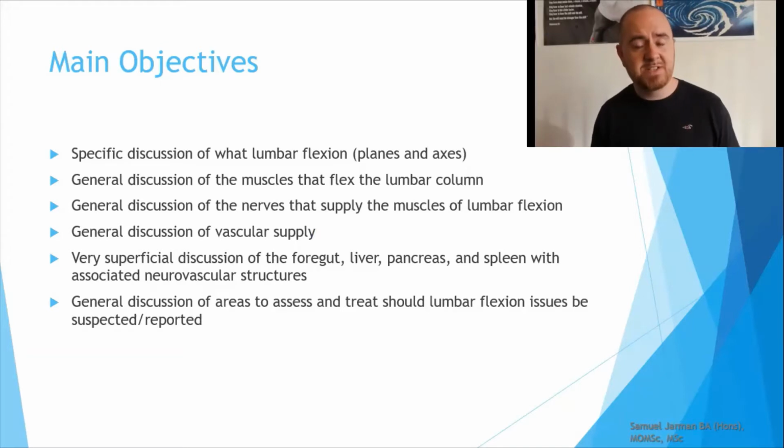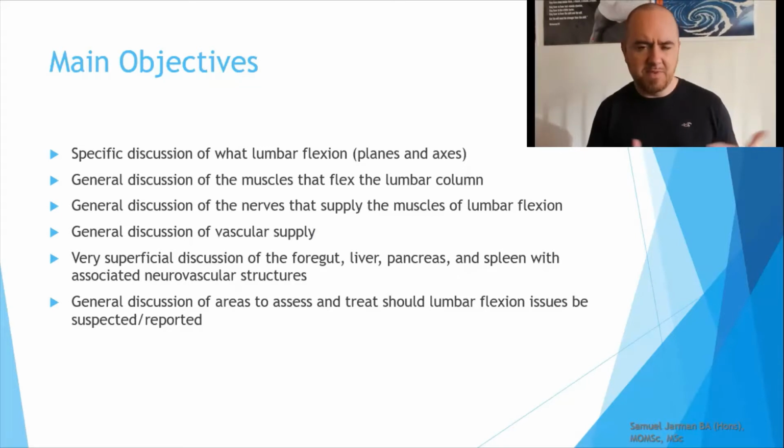We will then have a very superficial discussion of the foregut, the liver, the pancreas, the spleen with associated neurovascular structures, which is essentially the celiac artery and the celiac trunk and the celiac ganglia and the greater splanchnic nerve. So we'll get to all of those things as we roll through it. And we'll also have a very, very superficial discussion of some of the functions of each of those structures.